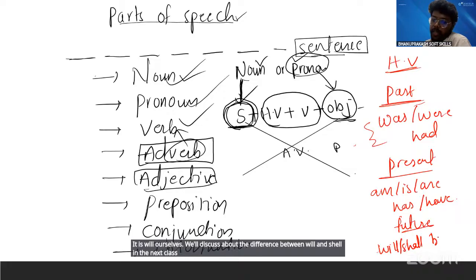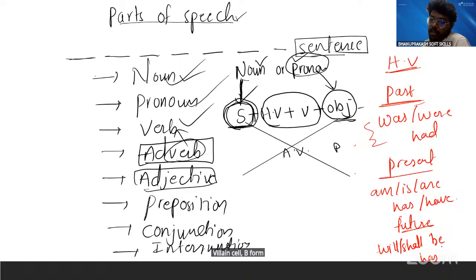Will, shall, be form, here also has or have. But the difference with has and have between present and future is that in present it is simply has, have, but in the future it is will have. Will is the common word that we use, as will itself indicates future.